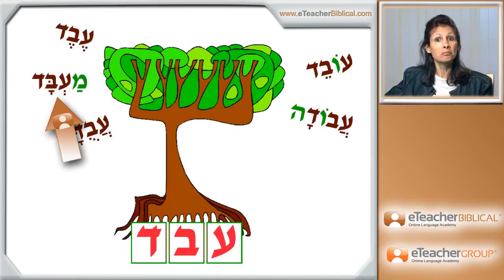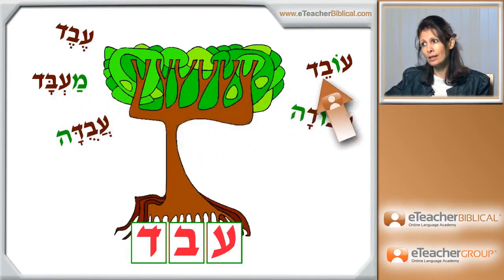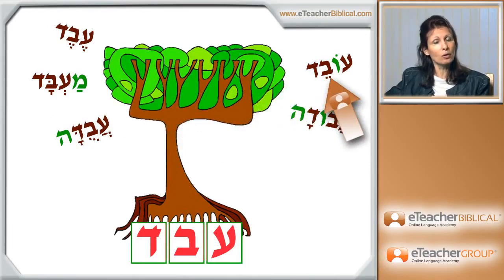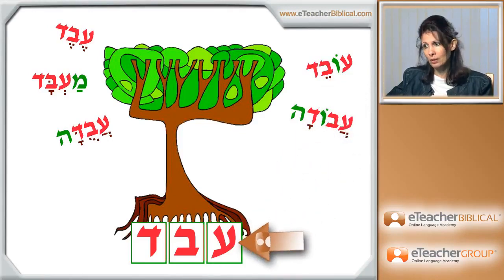Ma'abad is sharing the same root, but it's a different word. It's work. Go to the further right-hand side to the word Oved. Oved is a worshipper and also a proper noun for a person that probably worships somebody, maybe a priestly worshipper. You can see very nicely, all of them are taking the same 3 letters that appear on the bottom under the tree. Those are the root letters.